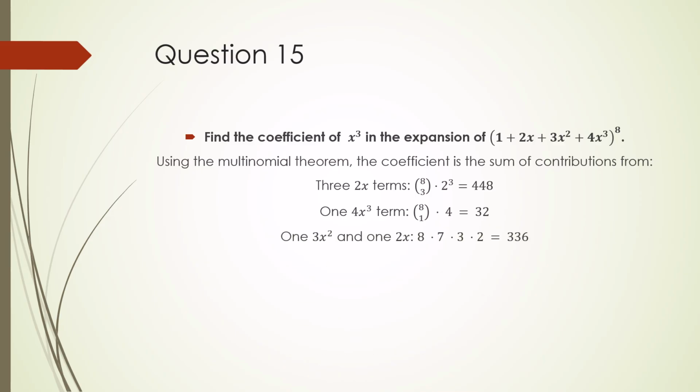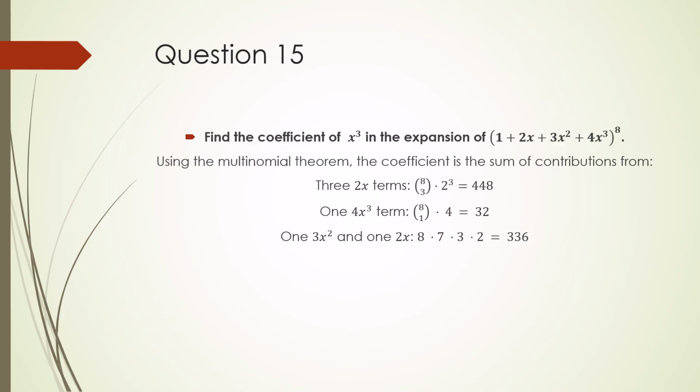For the last case, we choose one 3x squared term and one 2x term. The 3x squared contributes x squared, and the 2x contributes x, so together they make x cubed. The number of ways to choose one 3x squared term from 8 is 8 choose 1, and the number of ways to choose one 2x term from the remaining 7 terms is 7 choose 1.